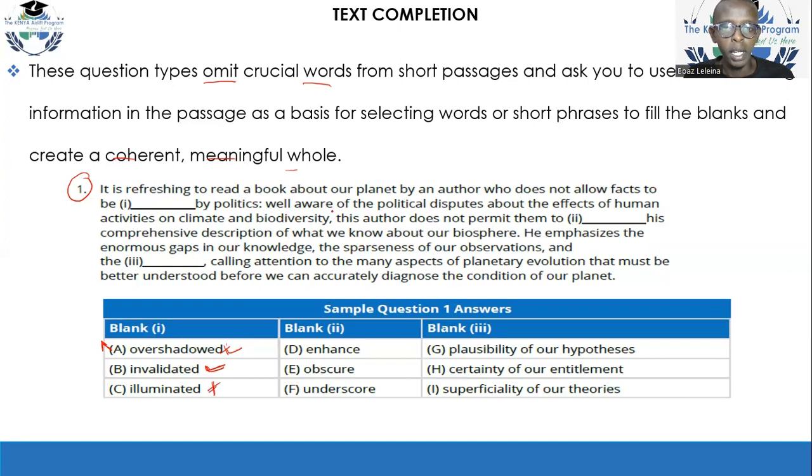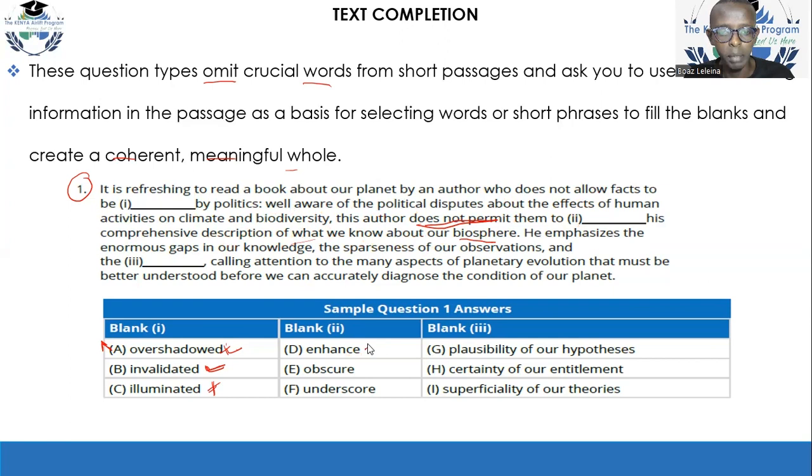So let's go ahead. Well aware of the political disputes about the effects of human activities on climate and biodiversity, this author does not permit them to blank his comprehensive description of what we know about our biosphere. So the author does not permit them. Whatever he is not permitting them to do is probably negative. Let's look at enhance.